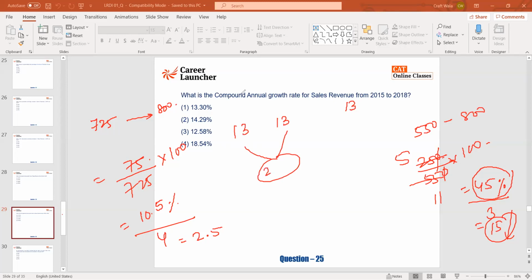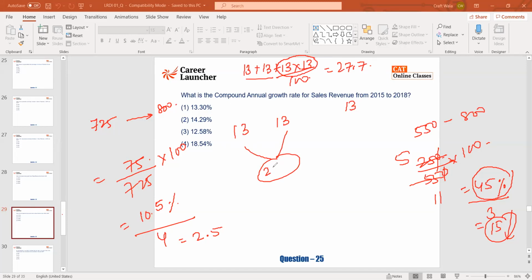If I use the successive formula, 13 plus 13 plus 13 into 13 by 100. So 13 plus 13 is 26. 26 plus 1.69, 27.7 I'll get. And there is a 0.3 also.